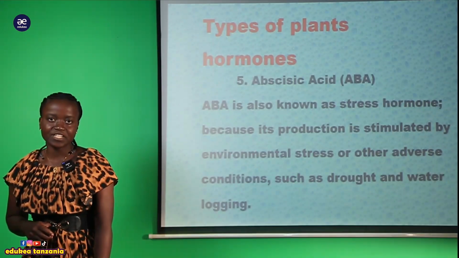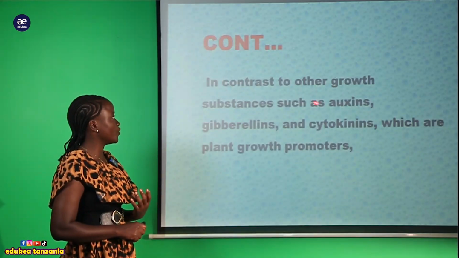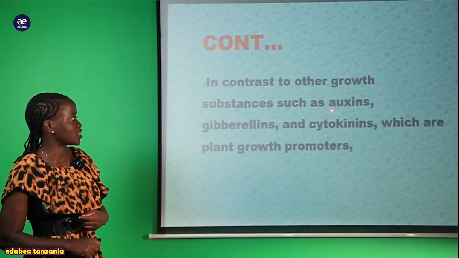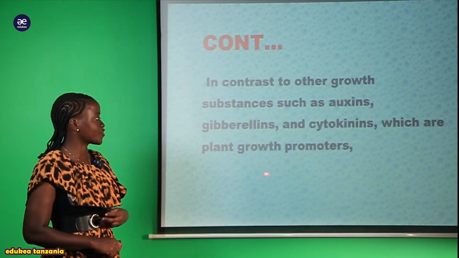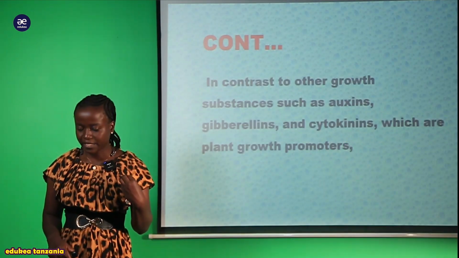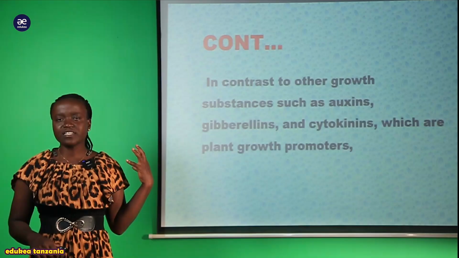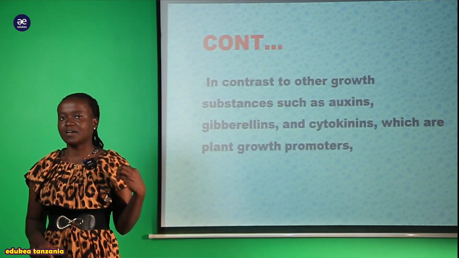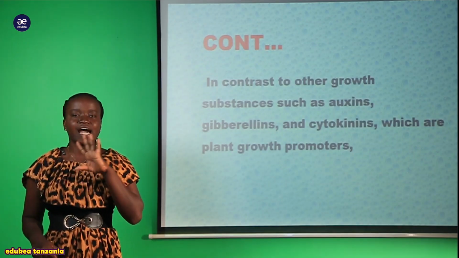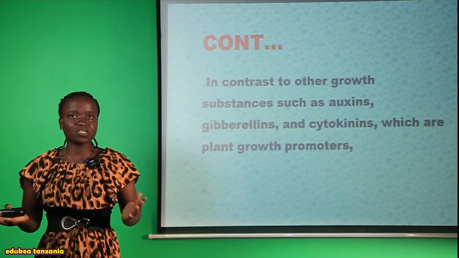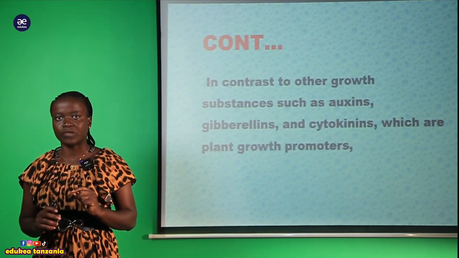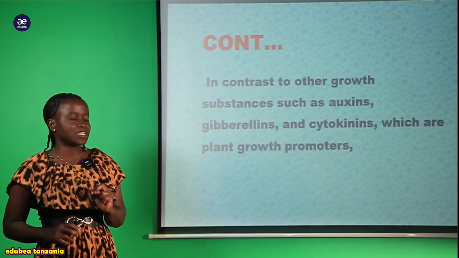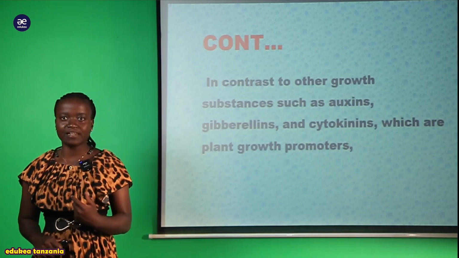Also, in contrast to the other hormones or growth substances such as auxin, gibberellins, and cytokinins, which are plant growth promoters, there is a difference between abscisic acid and the other growth hormones. When we are talking about growth hormones here, students, we are talking about auxin, cytokinins, and gibberellins.